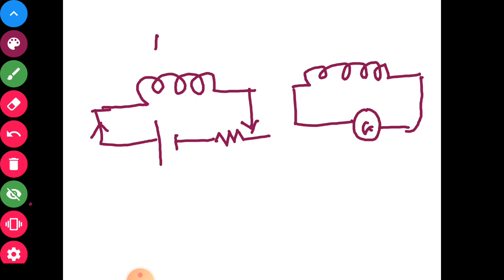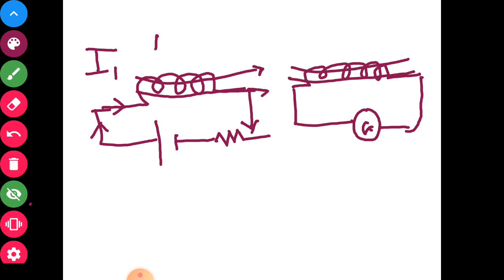Whenever current is passed through this first coil, say this current is I1, the magnetic field lines will be associated with it and extended, and some of the field lines will pass through this second coil.